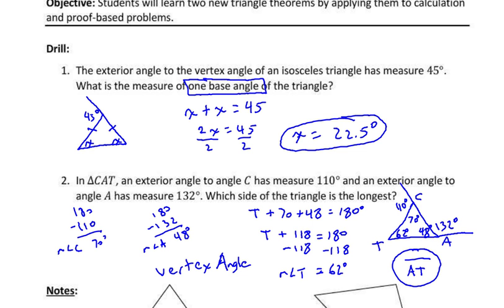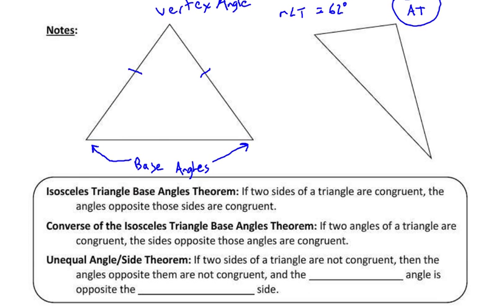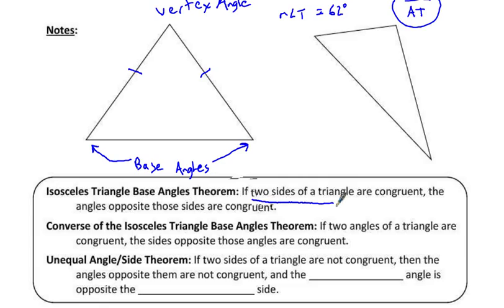Let's go ahead and take a look at the new material today. Check out these new theorems so that we can continue. Isosceles triangle base angle theorem says if two sides of a triangle are congruent, then the angles opposite those sides are congruent.